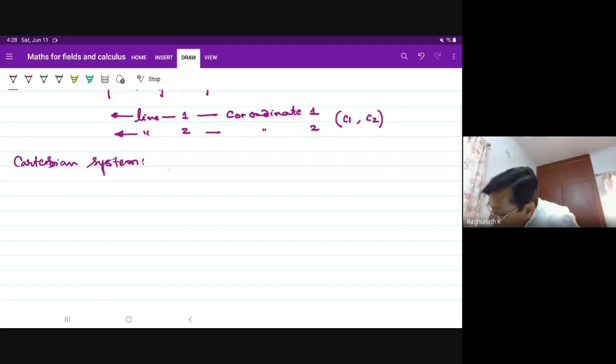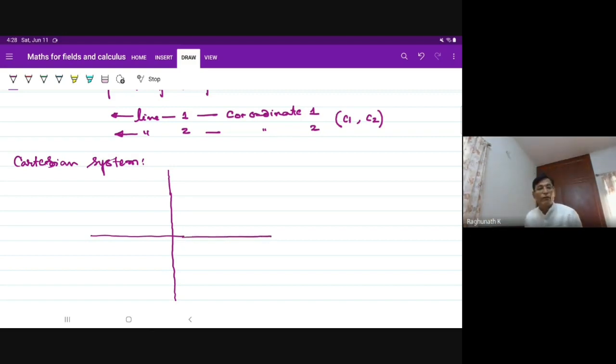first of all, we speak about two mutually perpendicular straight lines. Careful now. Two mutually perpendicular straight lines. There are infinitely many vertical lines in this system to talk about infinitely many points.